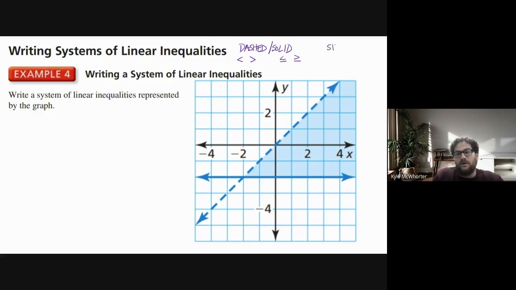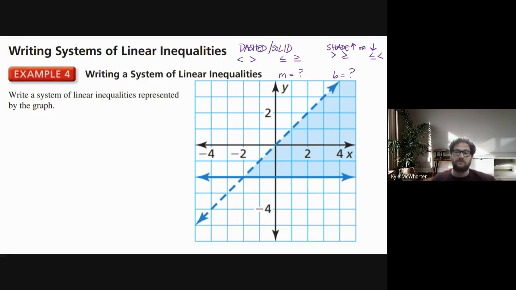We're going to look whether it's shaded above or below. Shaded above means that it would be greater than or equal to. Shaded below is either less than or less than or equal to. And then we need to know the slope and the y-intercept.